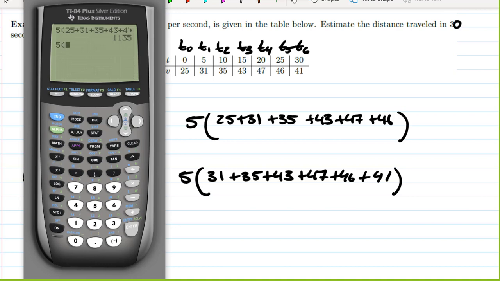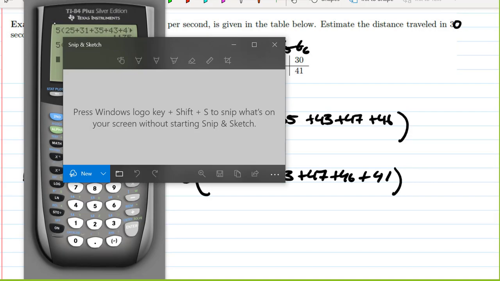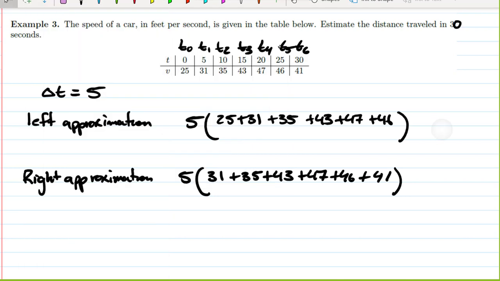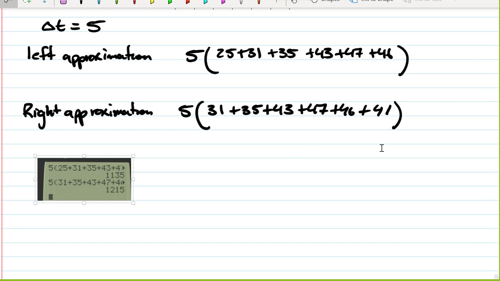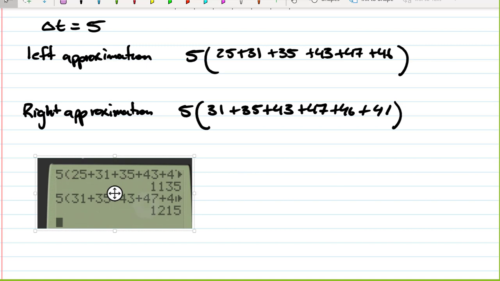Then I do the same thing, 5 times 31 plus 35 plus 43 plus 47 plus 46 plus 41, and I get 1215. So I get my two different approximations of 1,135 feet and 1,215 feet.